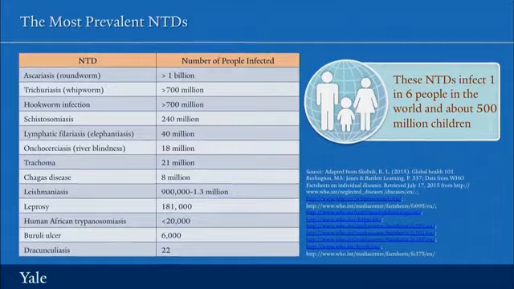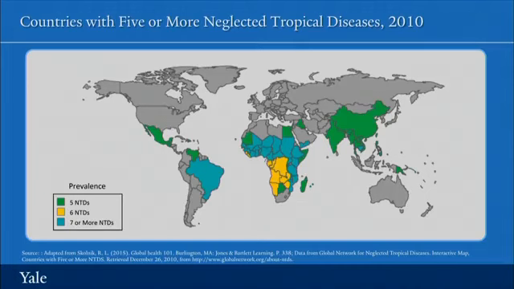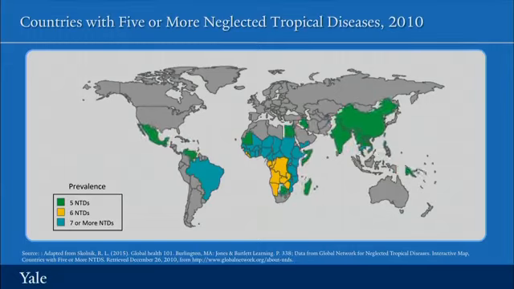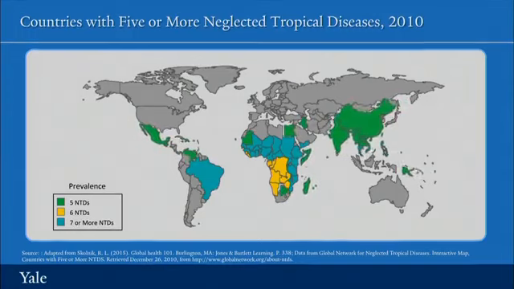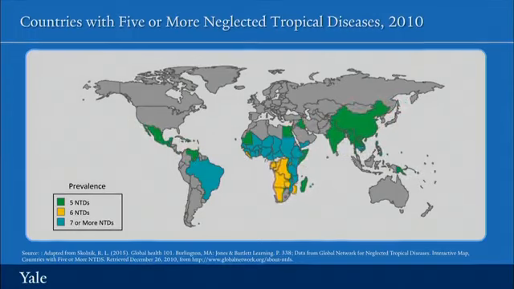Now, let's look for a second at the endemicity of these diseases and the countries in which you find them. And here what we see in this graphic is a map that shows the different endemicity scenarios, that is, countries in which one might find 5 or 6 or 7 or more of these diseases to be endemic. And if Lindsay could highlight the countries in which you see 5 NTDs, these are the ones in green. And in yellow, we'll see the countries that have 6 NTDs.